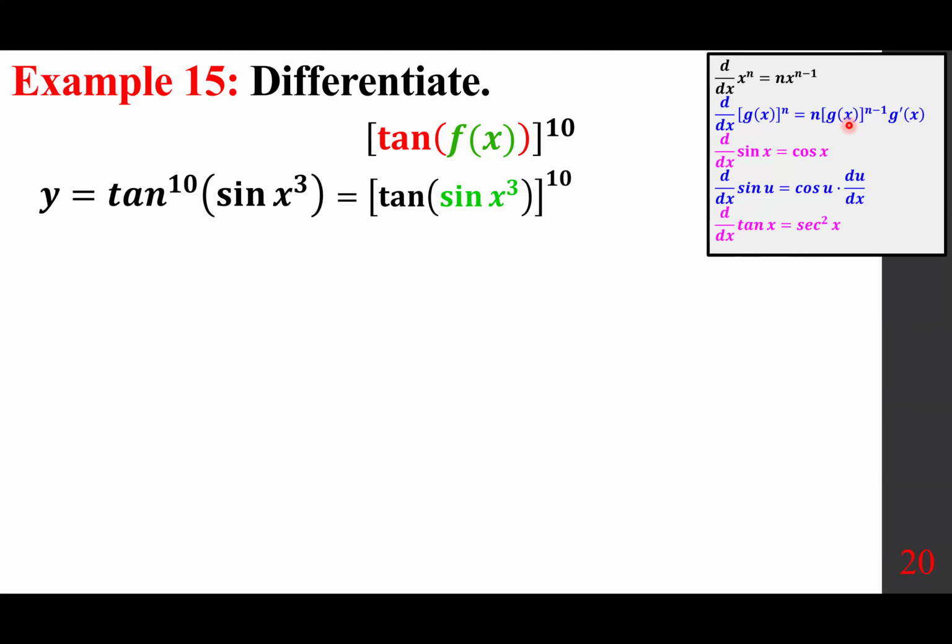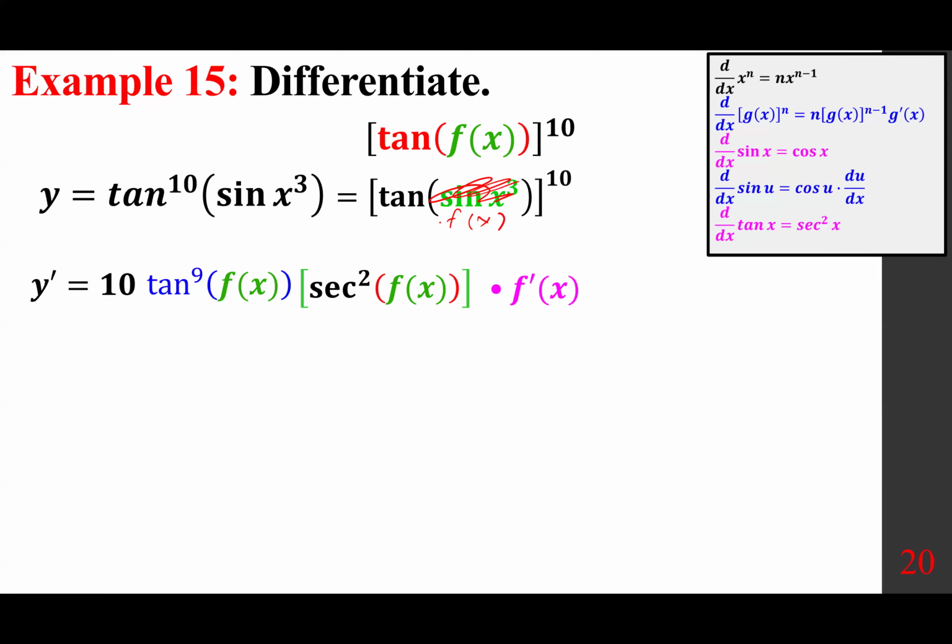And now I need the derivative of the inside, which means I need first the secant squared of, again, I'm not going to write sine x cubed. I'm going to go with f of x, everybody. And then I need the derivative of this f of x, which is f prime of x. So we used f of x here, okay, everybody?